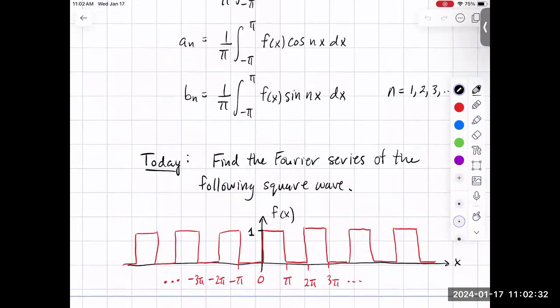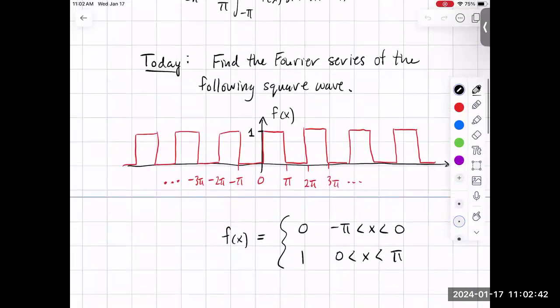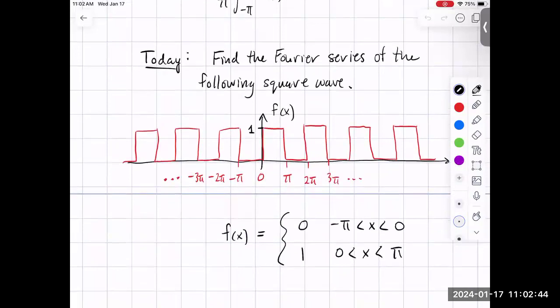From minus pi to 0, it will be 0, and then from 0 to plus pi, it will be 1. And then that is just going to repeat over and over again. Another way of defining the function instead of drawing the picture is to say on the interval from minus pi to 0, the function is 0, and from 0 to plus pi, it's 1, and then you just have to repeat that over and over again.